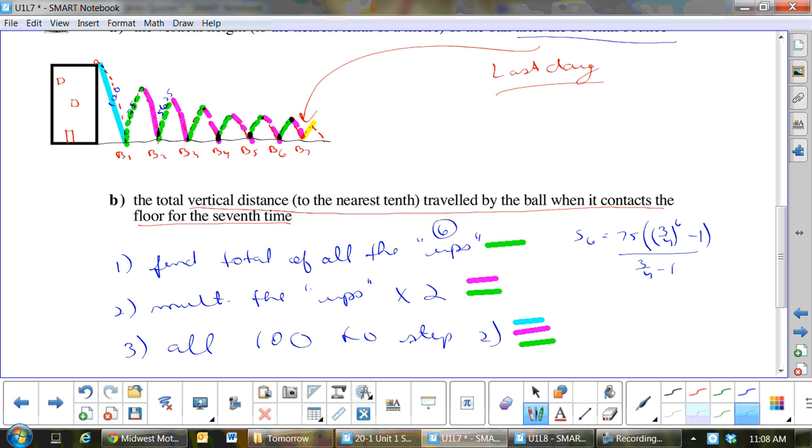And for that height I get 246.606. Can you see it in there? 246.606. That is the total of the ups.